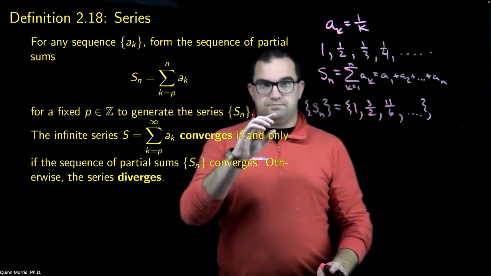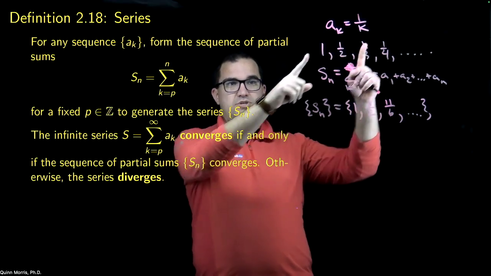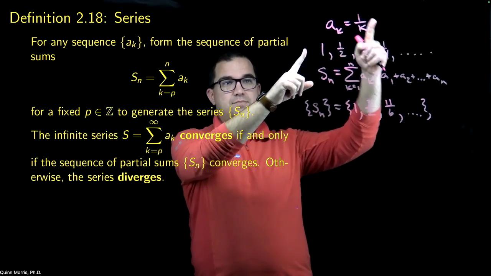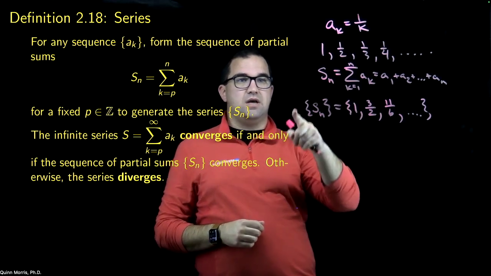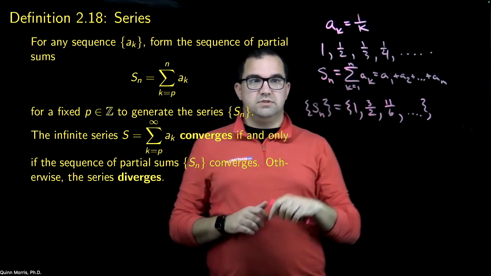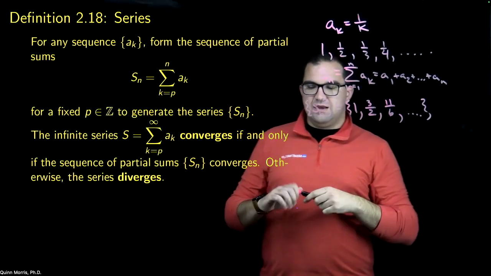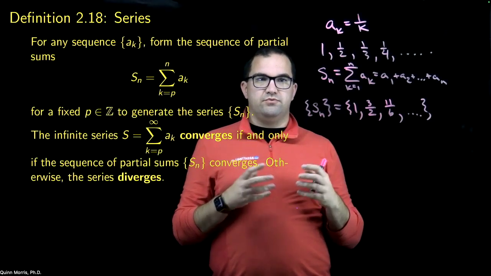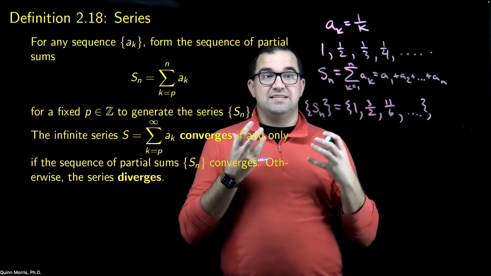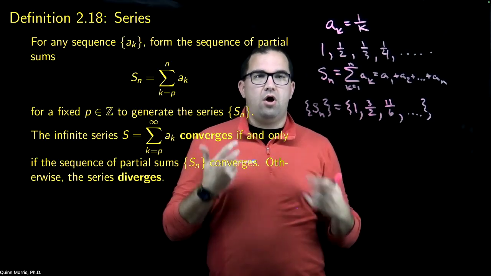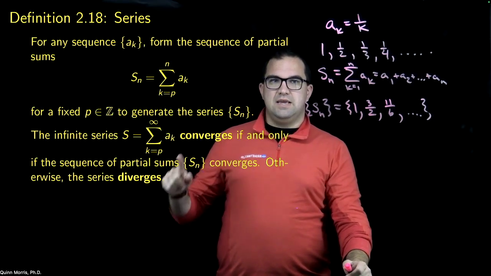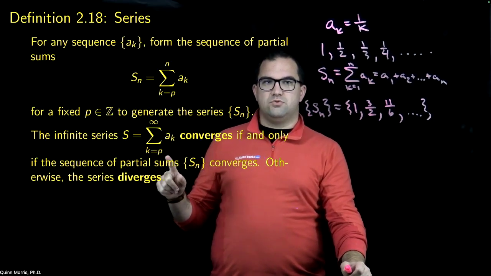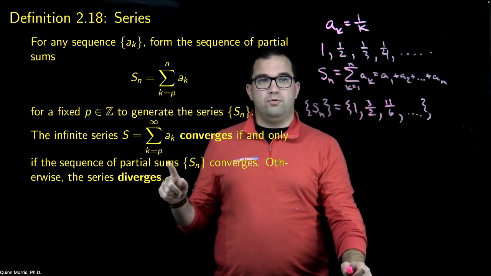So just backing up, we started with a sequence a sub k. From that sequence, we're constructing this other sequence, the sequence of partial sums. Now, we can think of this sequence of partial sums really as being the series itself. But often when we're talking about series, we express it in this infinite sum form.